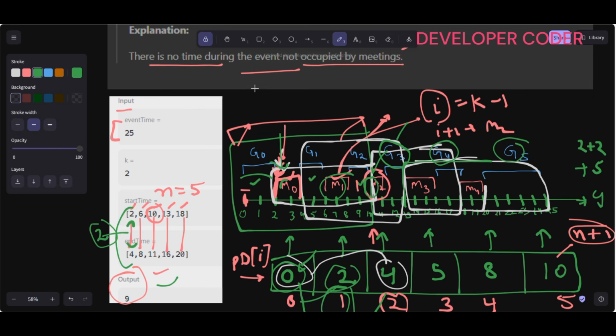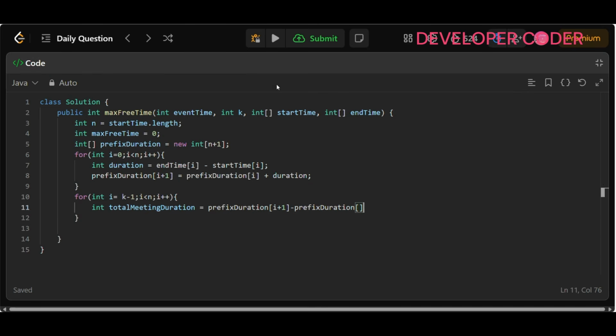I can say i is k, minus k, and 1 minus 1 goes here, plus 1, is equal to 0. Before that it is 0, so I will get 0 only with this i minus k plus 1. So here I'm writing prefix duration of i minus k plus 1. Done. That is why I'm saying total duration of the k meetings from index i minus k plus 1 to i. Okay, so this is done.